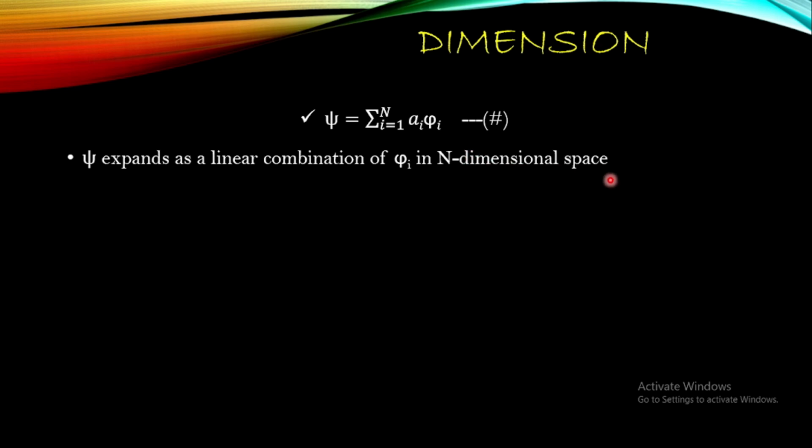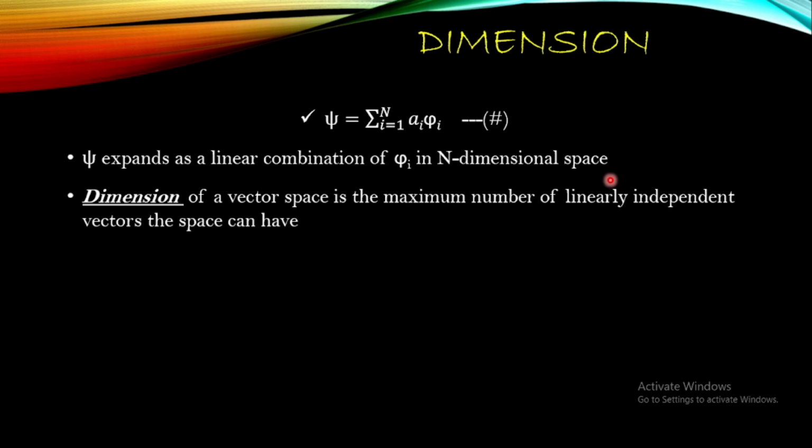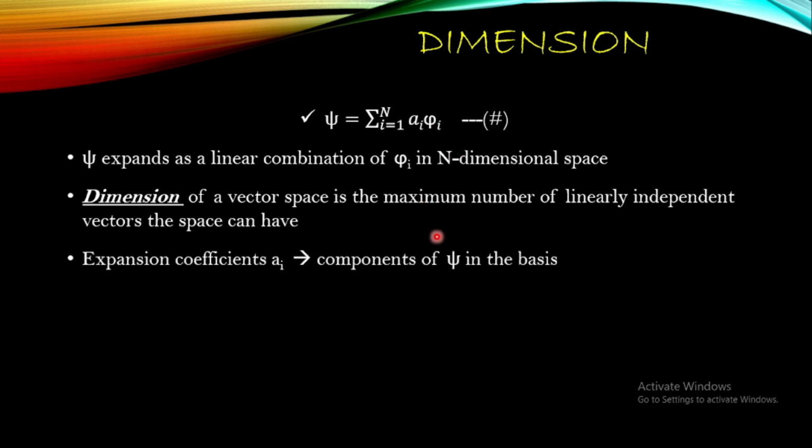So what does it explain? We can define the dimension of a vector space as the maximum number of linearly independent vectors the space can have. So here we can say that this capital N explains the dimension of the space. The expansion coefficients a_i in hash are called the components of the vector xi in the basis.